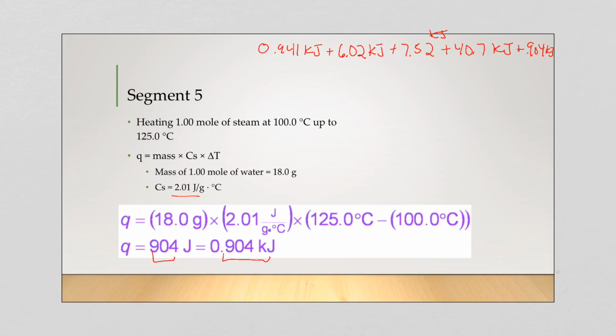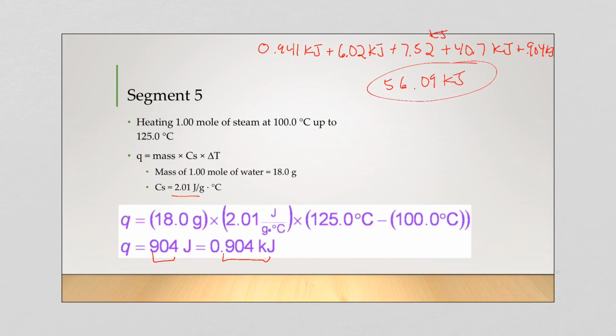If we add up all of those numbers, we'll get how much energy it takes to make the overall change. So we got 0.941 plus 6.02 plus 7.52 plus 40.7 plus 0.904, and we end up with 56.09 kilojoules.